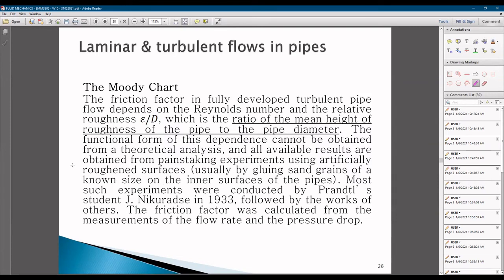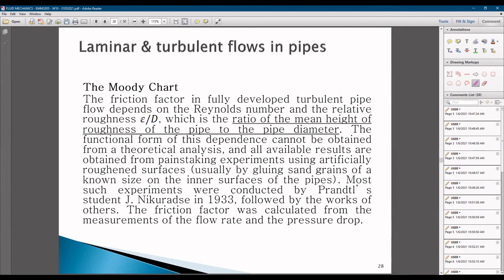Okay, now we want to talk about the Moody chart. The friction factor in fully developed turbulent pipe flow depends on the Reynolds number and the relative roughness, which is the ratio of the mean height of roughness of the pipe to the pipe diameter.